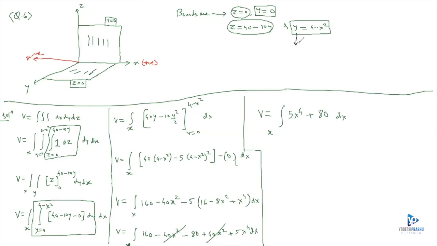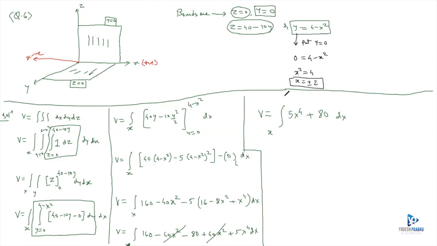In this, say if I plug in y equals 0, I will get 0 equals 4 minus x squared. So you get x squared equal to 4. x equals plus or minus 2, right?